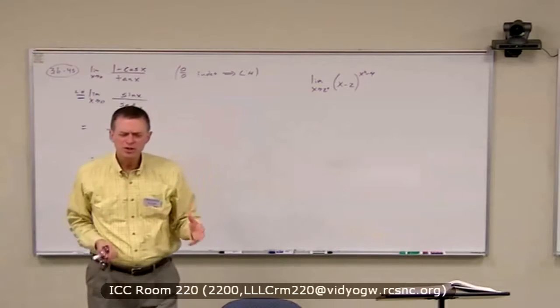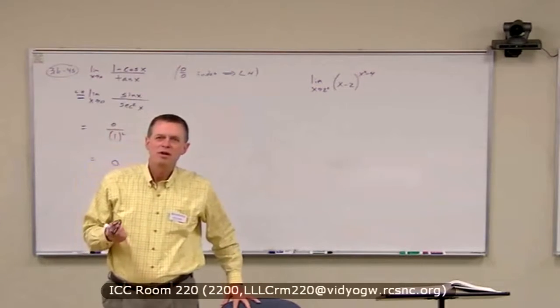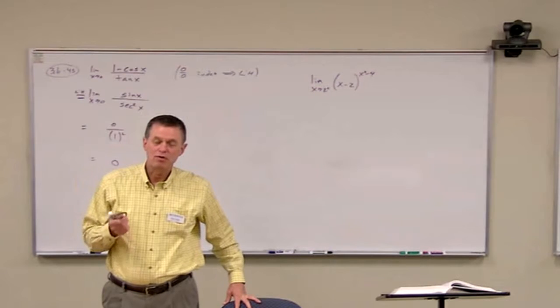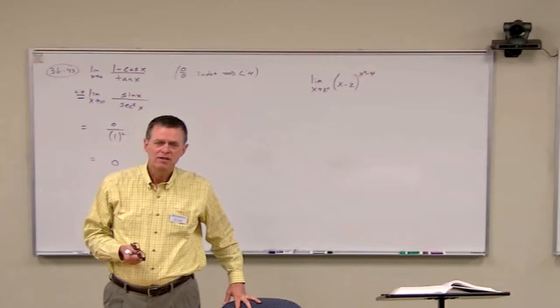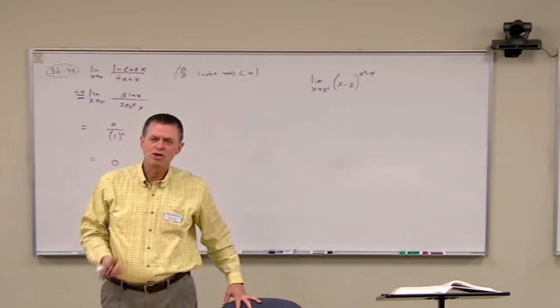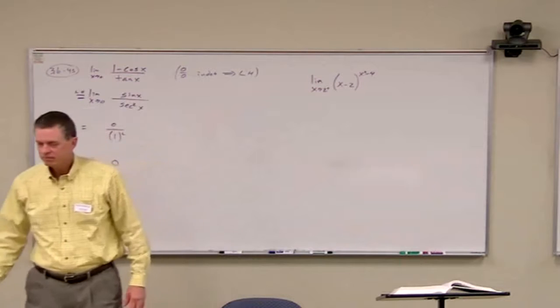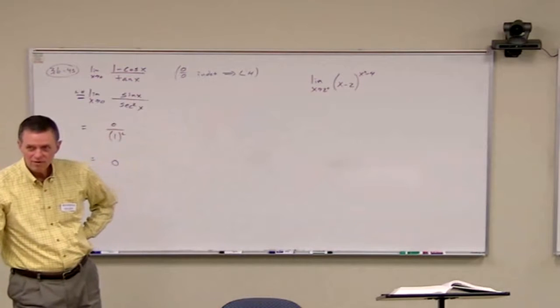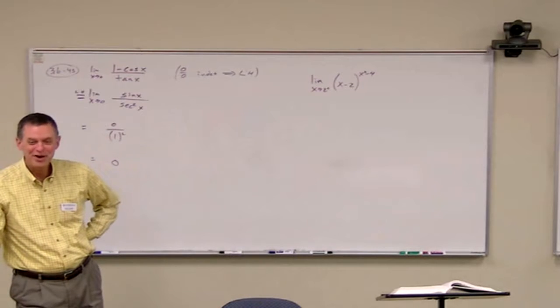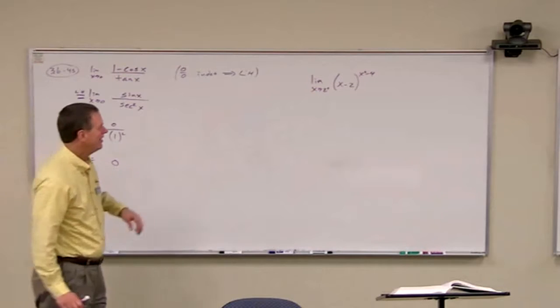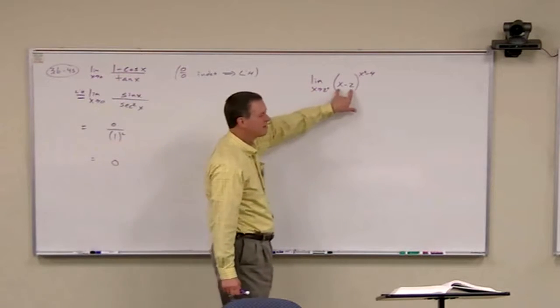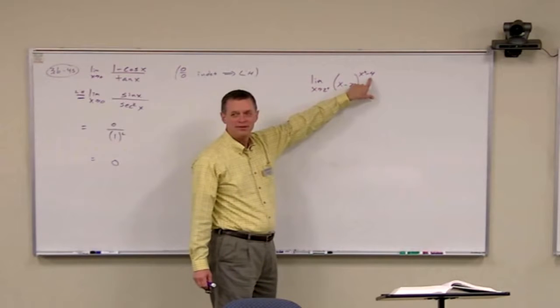Is that 2 plus? First question is, why do you think they put approach 2 from the right rather than just approach 2 in general? Why is that important? Because you're going to need logarithms, and you're raising something to a power.